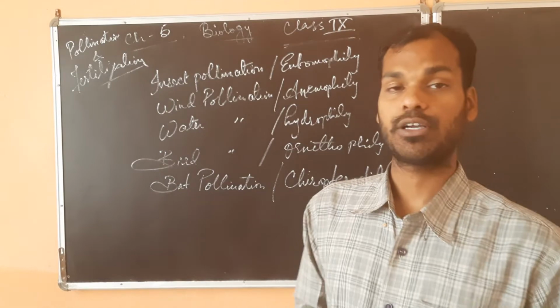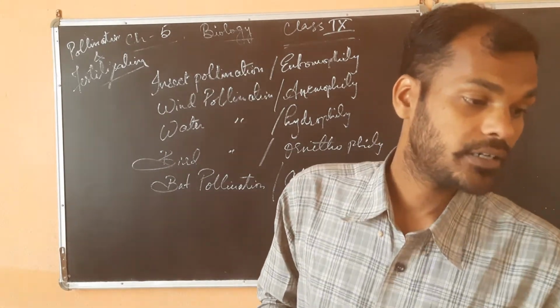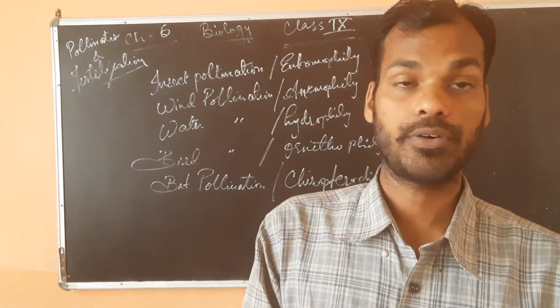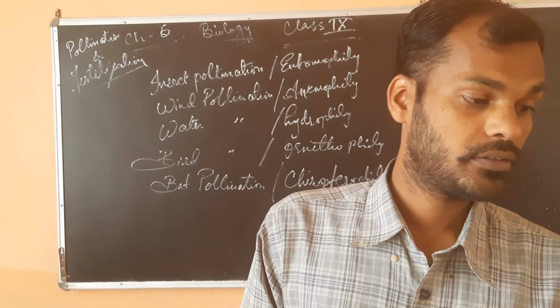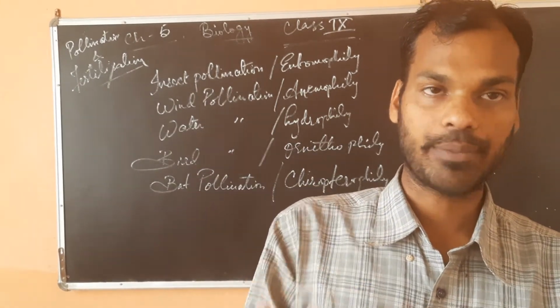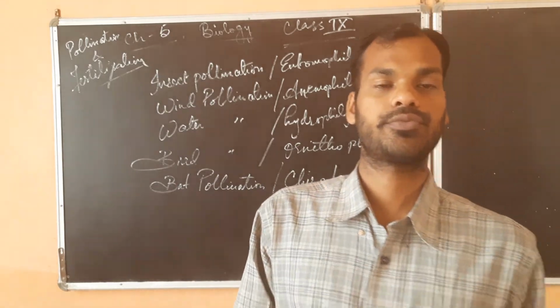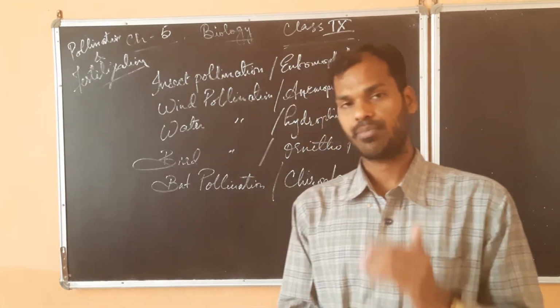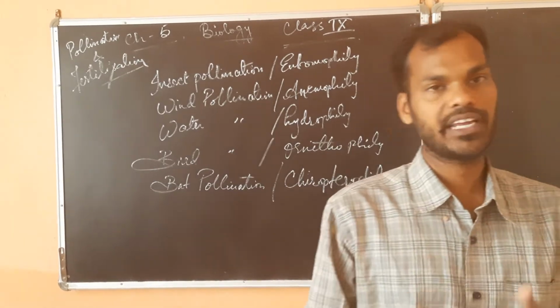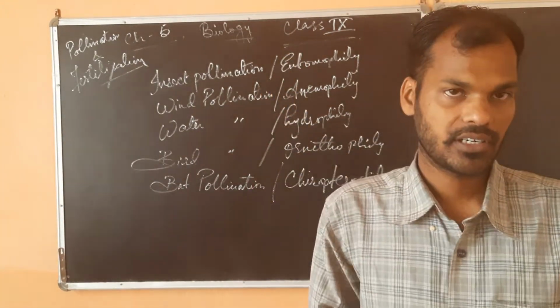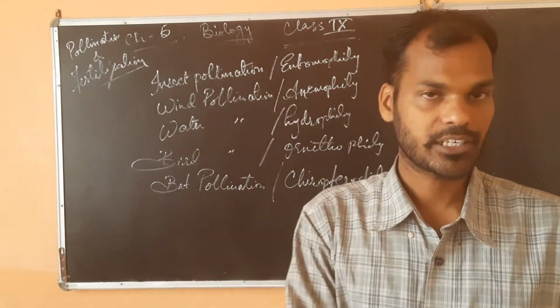Then the stigma should be feathery and hanging on the top of the flower to trap the pollen which is moving with the help of wind. So these are some of the characteristics favoring wind pollination.